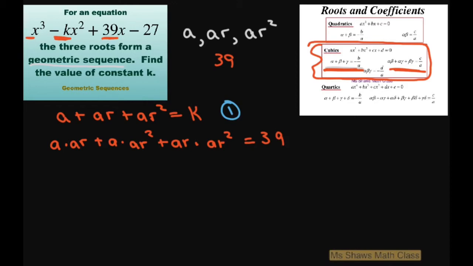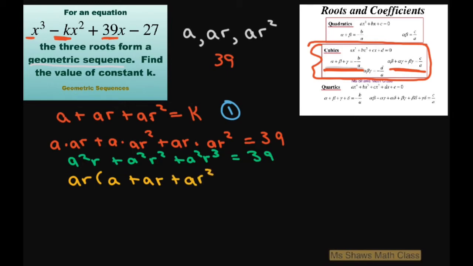I can simplify this and write it as a squared r plus a squared r squared plus a squared r cubed, which still equals 39. Also, I can factor out an ar, which simplifies this further: ar times (a plus ar plus ar squared) equals 39. This is going to be equation 2.